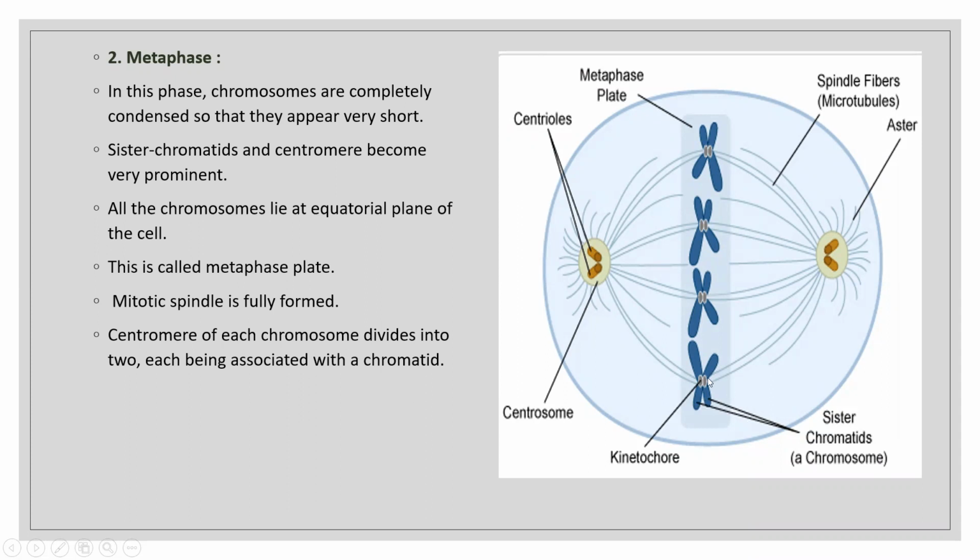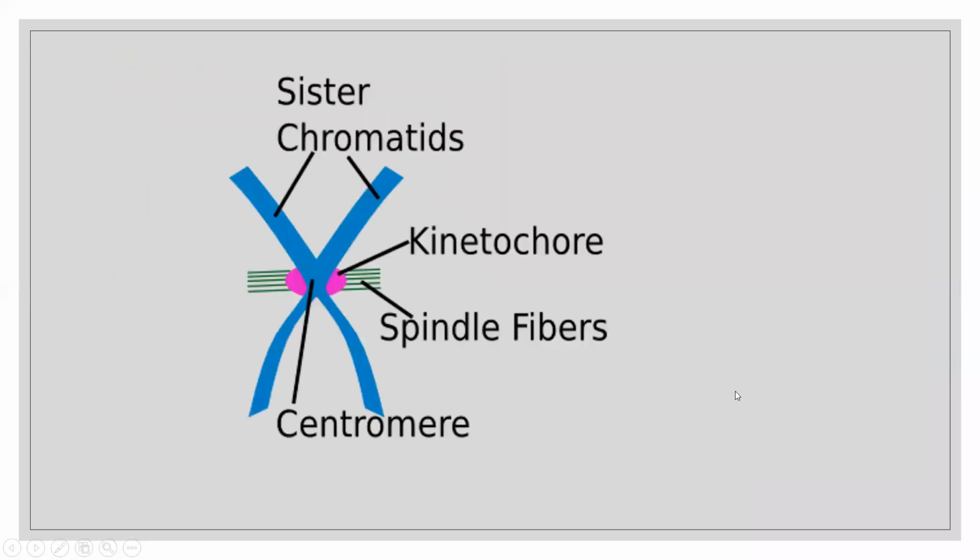And here is the centromere. These are the sister chromatids, that is, chromatids or arms of the same chromosome. The two chromatids are held together by a centrally placed centromere.